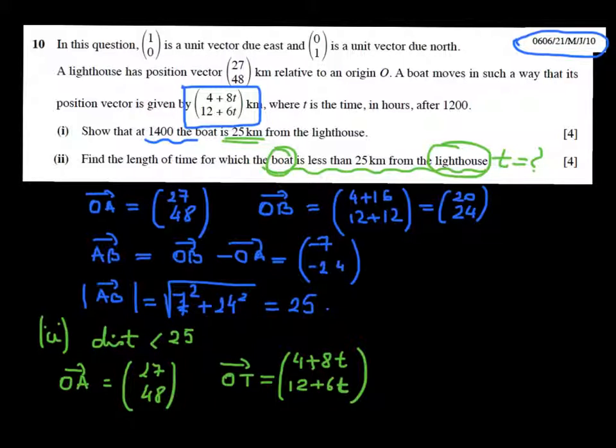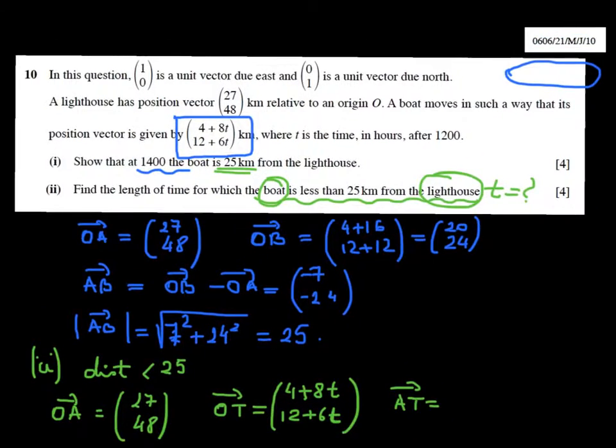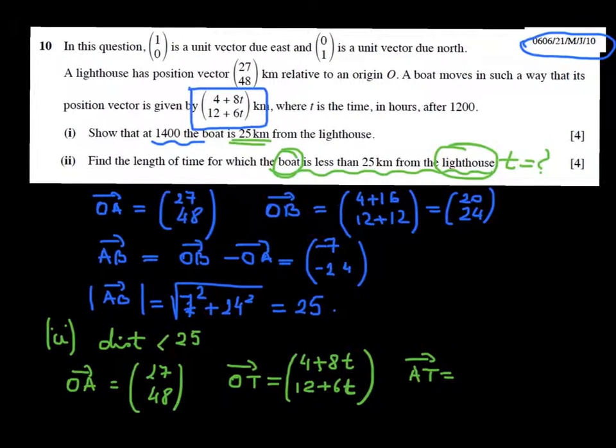So altogether, it has traveled from A to T, OT minus OA. So it's a vector 8t minus 23, 60t minus 36.